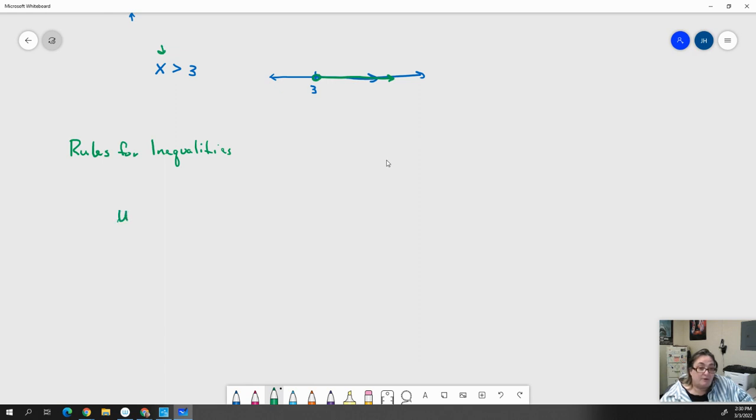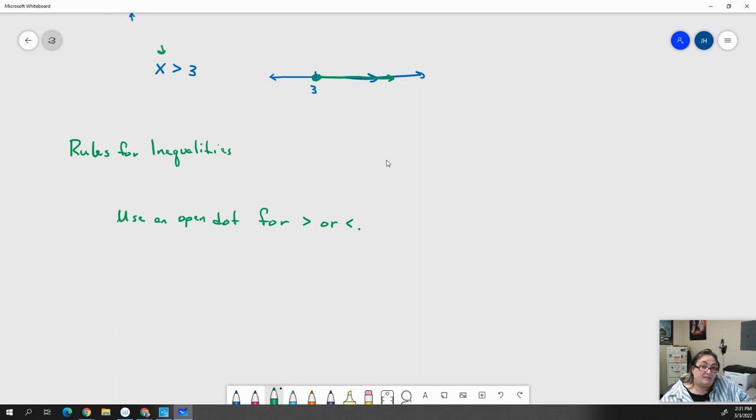If you're graphing, you want to use an open circle, an open dot, for greater than or less than, right?